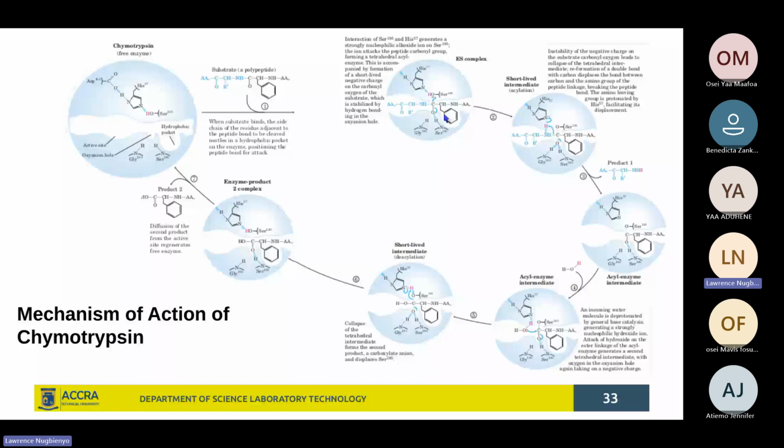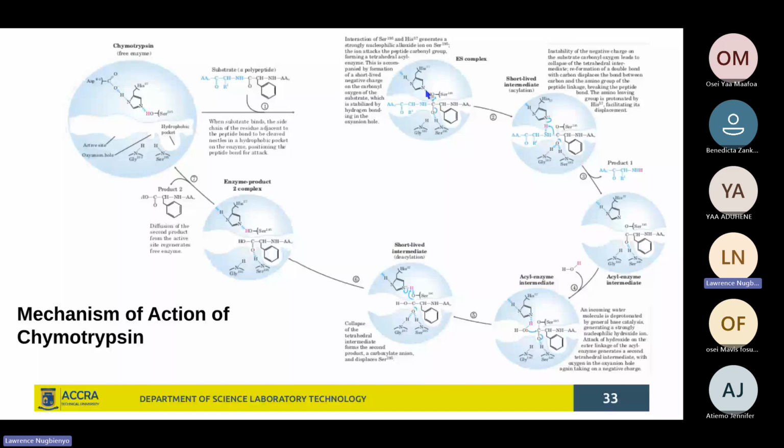catalyzed. So you see what is happening here: you have, say, that serine residue, which has a hydroxyl group on it. The hydrogen of that hydroxyl group has some hydrogen bond or electrostatic interaction with the histidine, also in the active center.